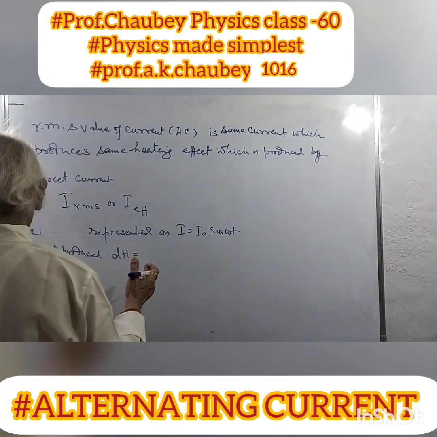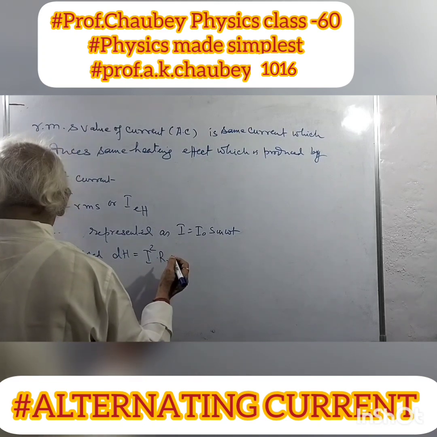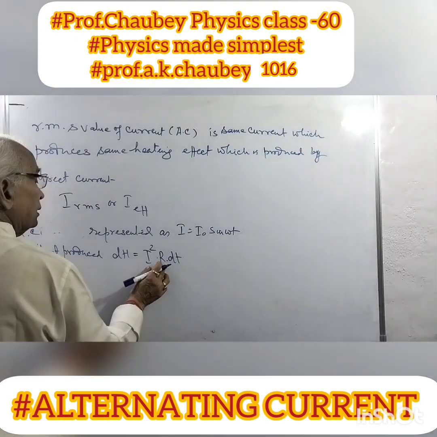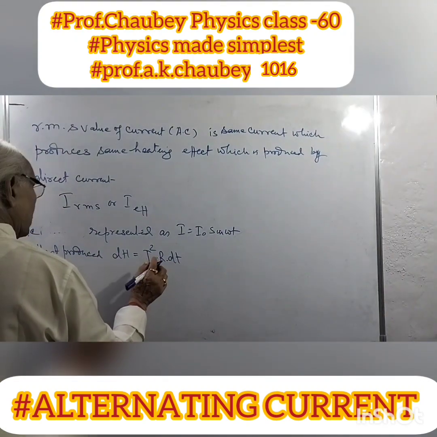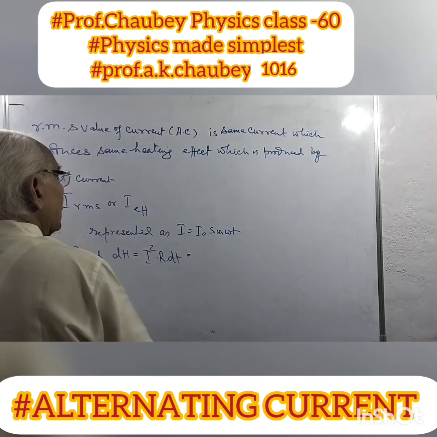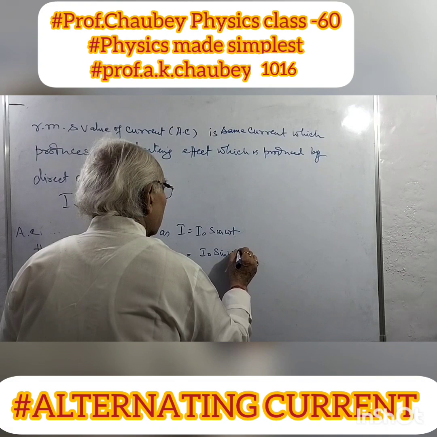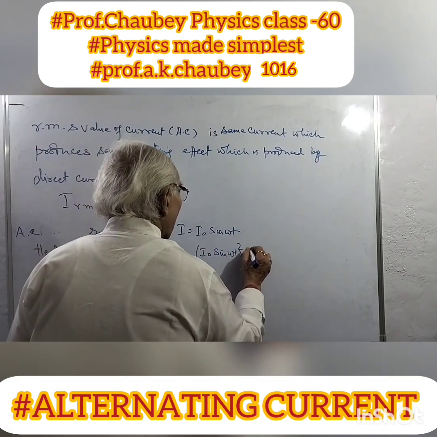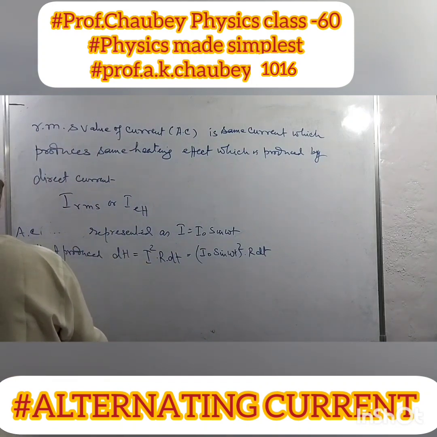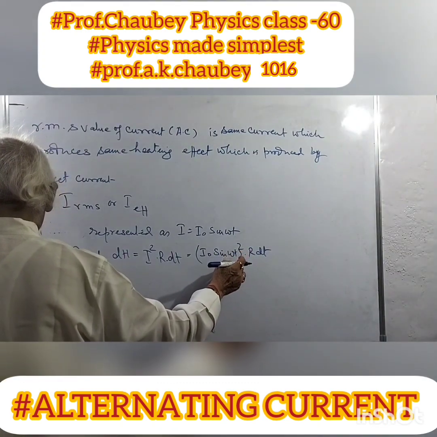So dH, heat produced, is I square R in small time dt. So that is equal to I naught sine omega t whole square and R dt. So this we can calculate: I naught square R and sine square omega t dt.